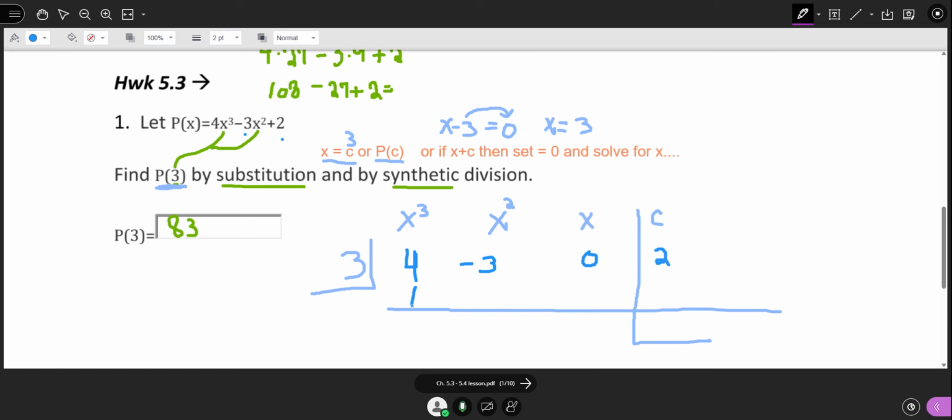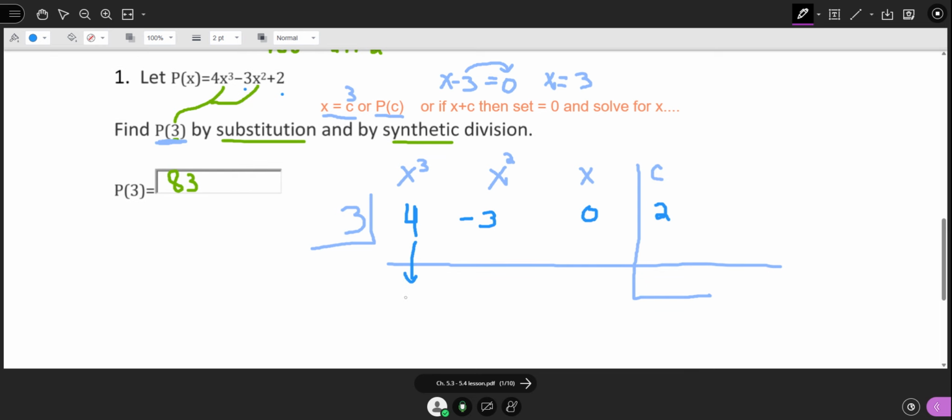The next thing we do is bring down the first term. Now, from here, we multiply. 3 times 4 is positive 12. Then we add.